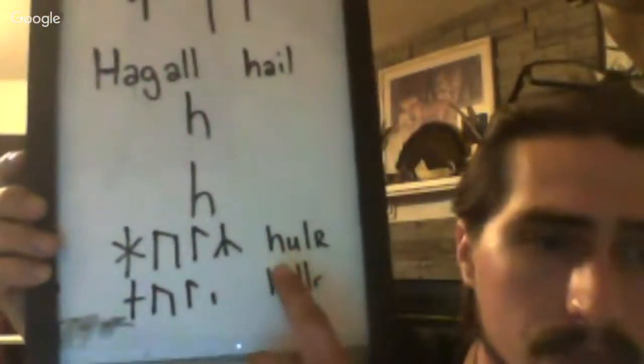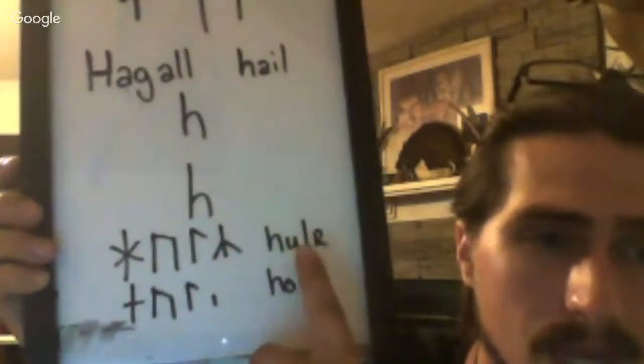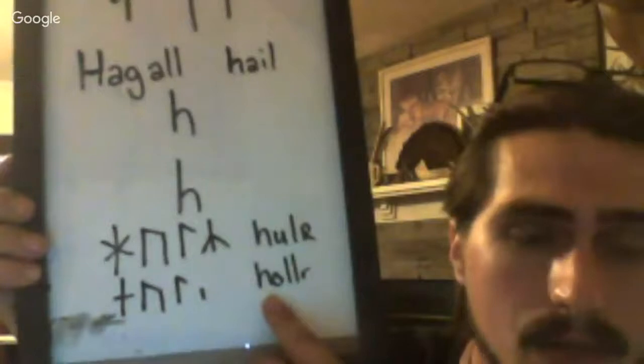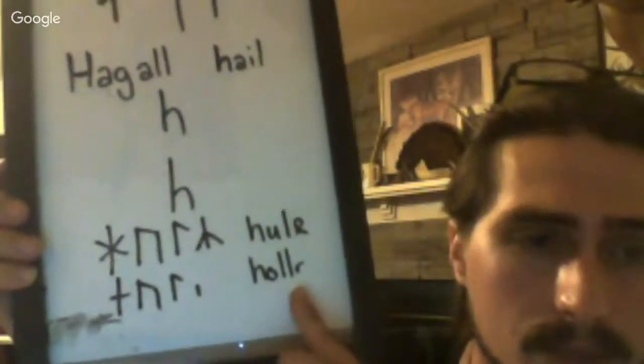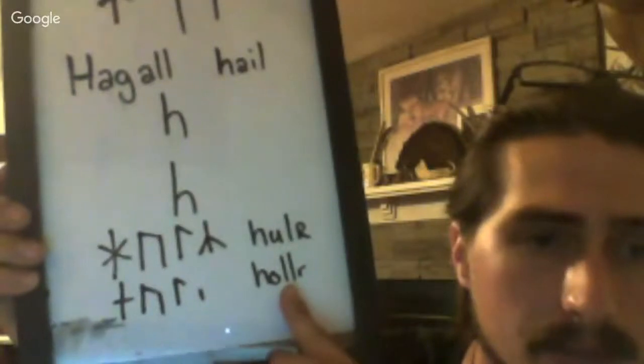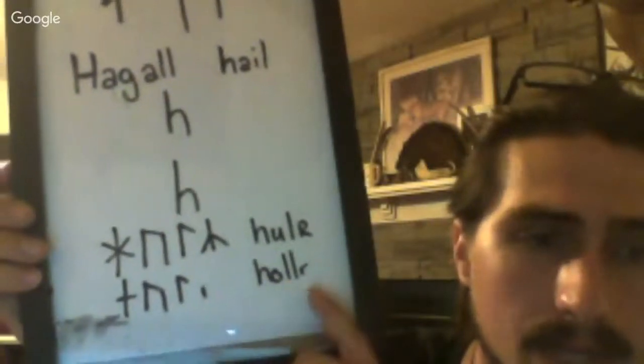It would be transliterated as H-U-L capital R, but it's realized as H-O-L-L-R. So again, you see that there's no doubling of that rune there. And again, that final R is a curveball.